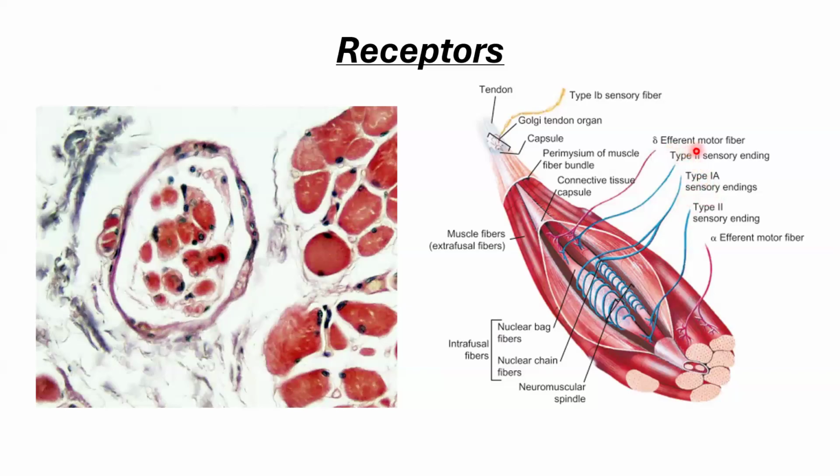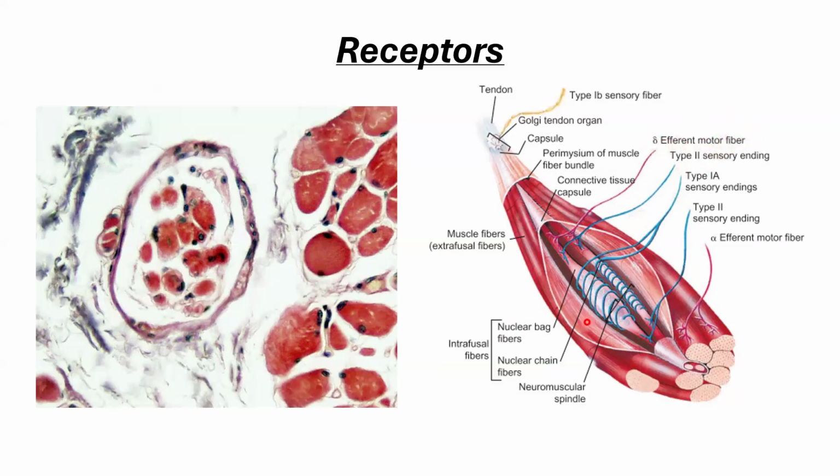So for the efferents, the efferents coming into the intrafusal fibers will be gamma efferent motor neurons.